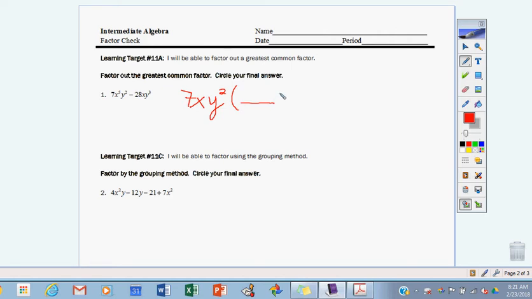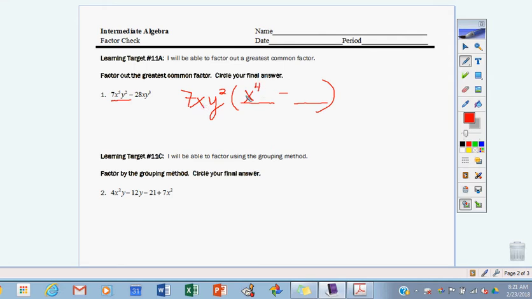Now, we're going to have something minus something on the inside because really this is the reverse of the distributive property. That's what factoring is. So 7xy squared, if I were to multiply this through, I got to think about what I would have to multiply by to get this. Well, that is only x to the 4th power.